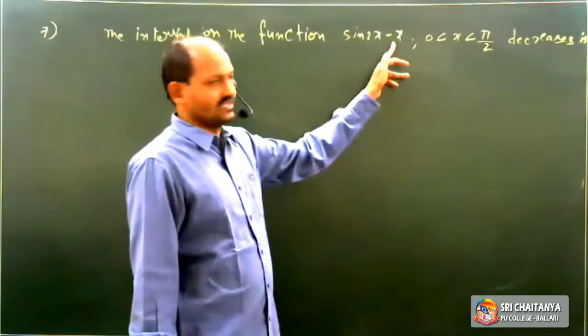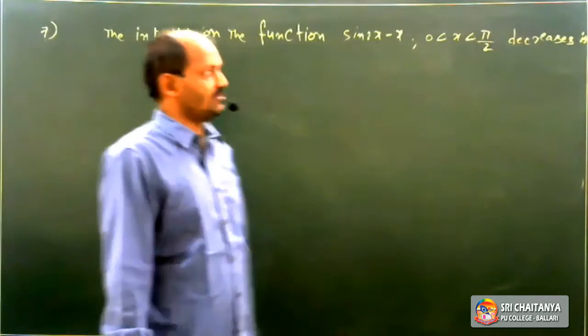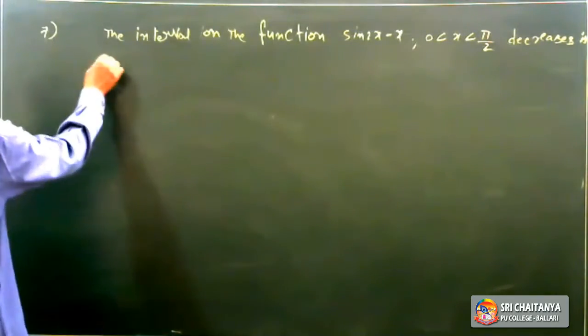Sin 2x minus x, 0 less than x less than pi by 2, decreases is.